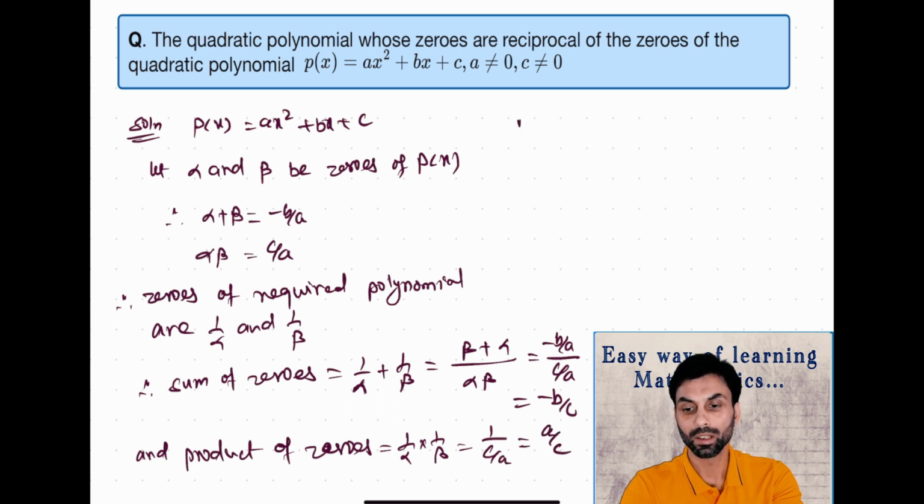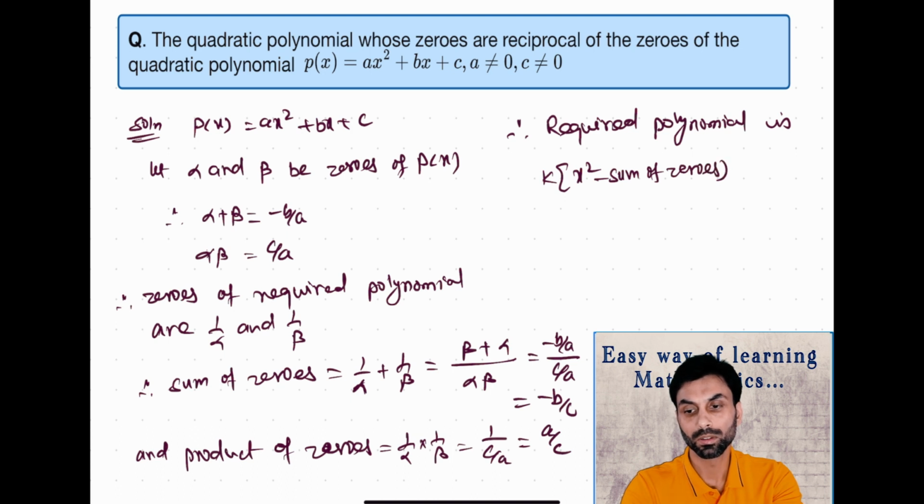And so, therefore, the required polynomial is k into x square minus (sum of zeros) times x plus product of zeros.